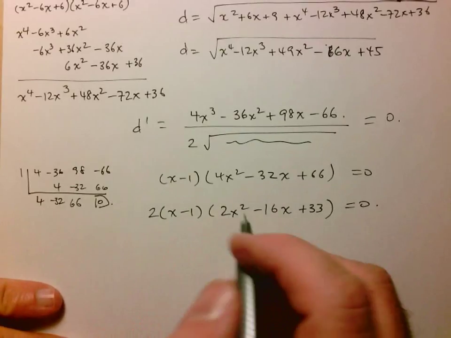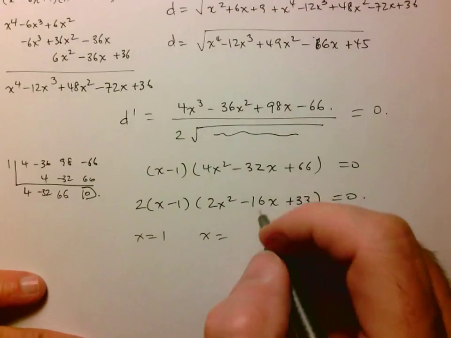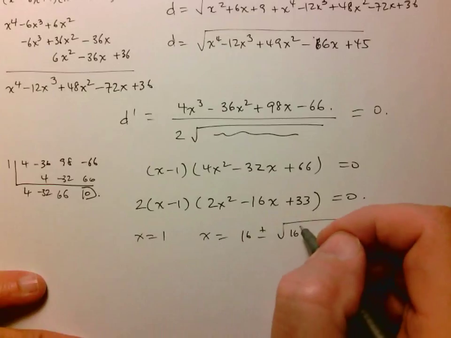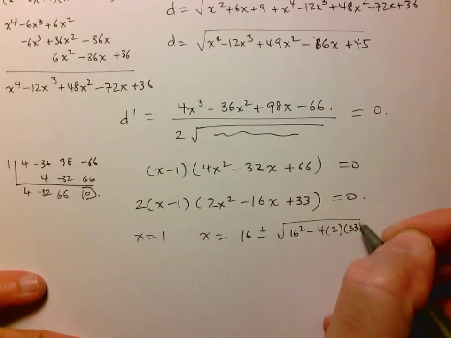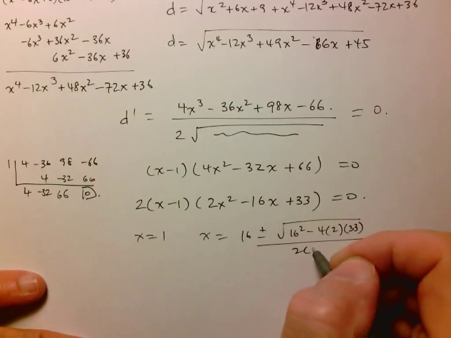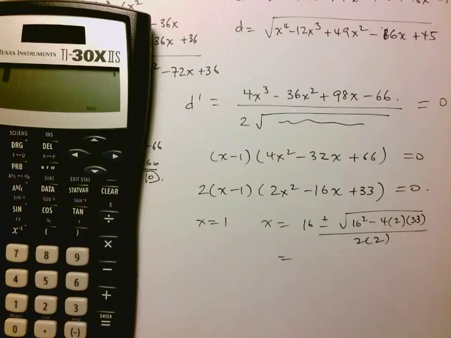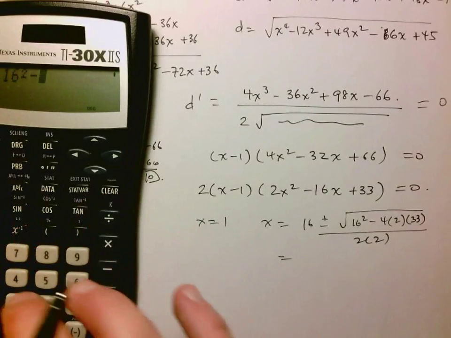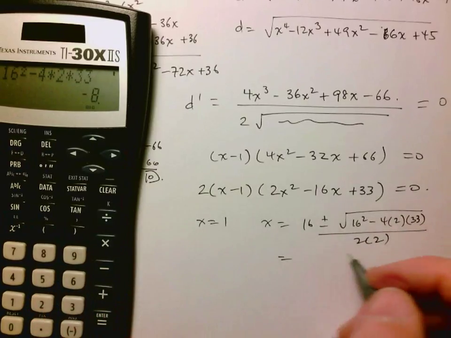So let's just, obviously x can be equal to 1 or x can be equal to 16 plus or minus the square root of 16 squared minus 4 times 2 times 33, all over 2 times 2. So here we get 16 squared minus 4 times 2 times 33, which is negative.